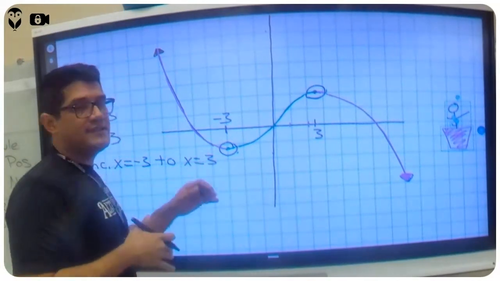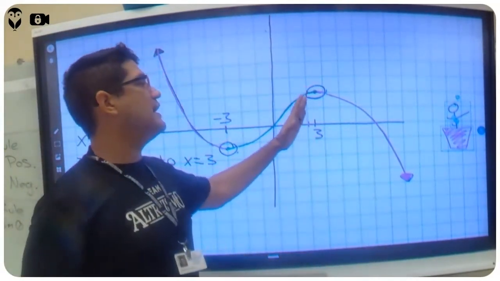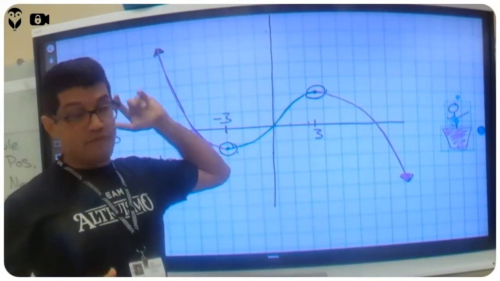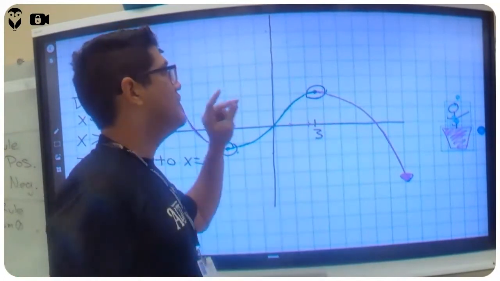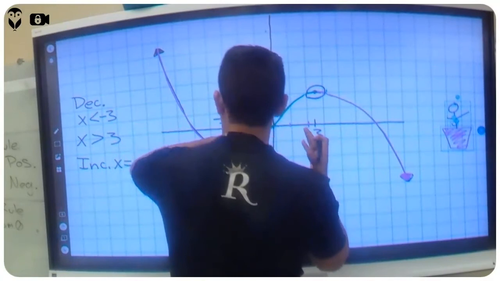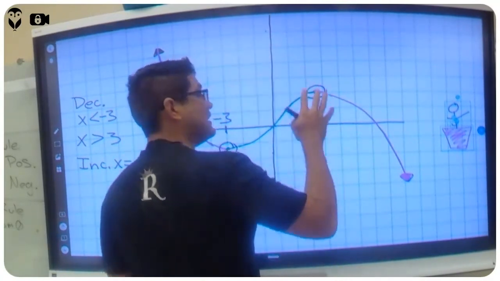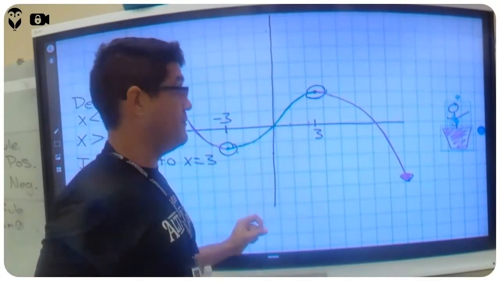Now, I know that this is not the minimum because this goes down forever. I know that this is not the maximum because it goes up forever over here. But in this area, this is the largest thing. So anytime there's like a hill, anytime there's like a dip like this, that's a relative extremum, meaning just, right now.